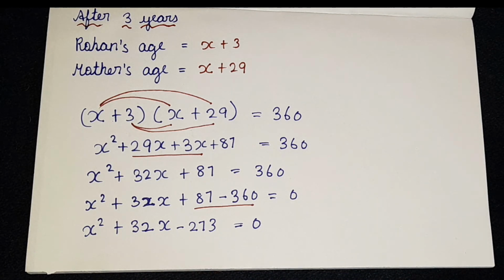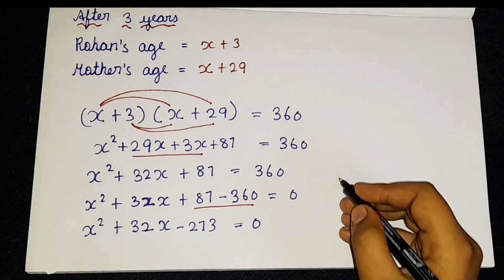Do you guys think this is a quadratic equation? Yeah, it is a quadratic equation, and then finally we just solved it. Okay, so finally we just formed the quadratic equation. Why? Because first we should have the square term, and then x term and the constant term. So if we have these things, then I am sure that it is a quadratic equation. So I am just writing it right over here.